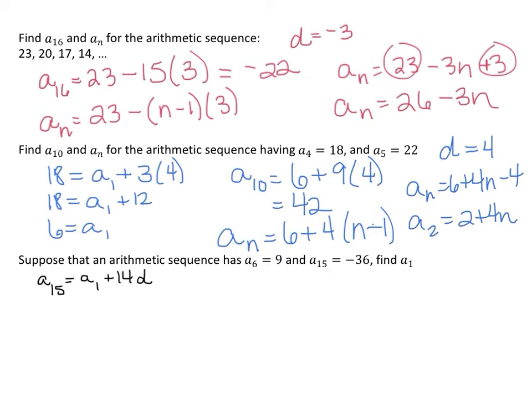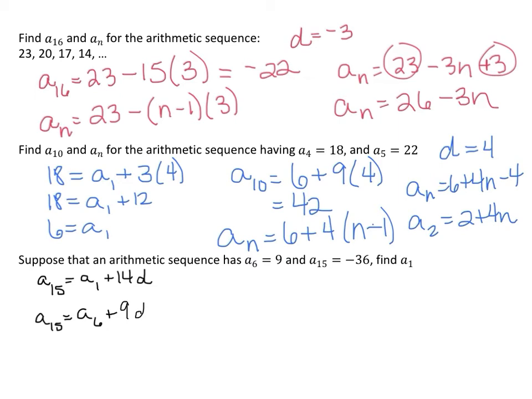Now, I don't have a sub 1 and I don't have d. So the first thing that I need to do actually is find d. And what I'll do is I will use the numbers that I do have. So I have a sub 15, and that's equal to a sub 6 plus, now remember what I said, the number that goes in front of d right here, plus 6 has to equal 15, so that number is 9.